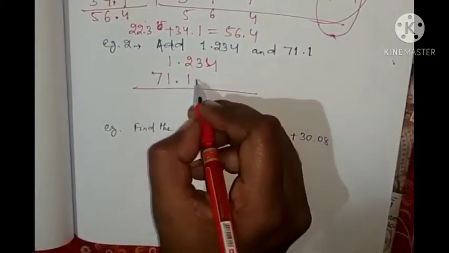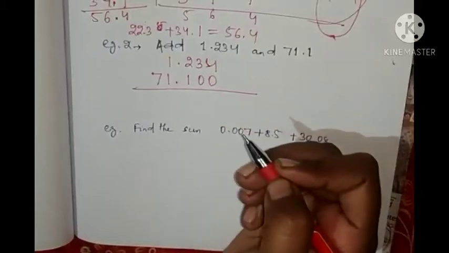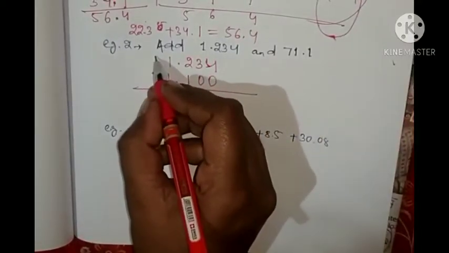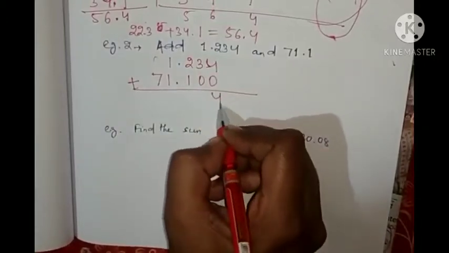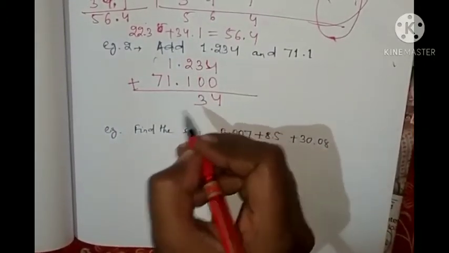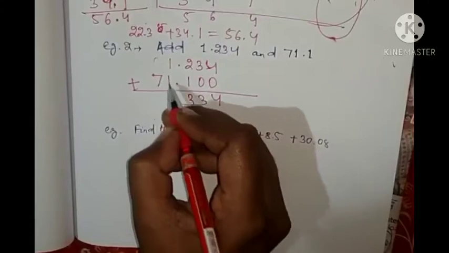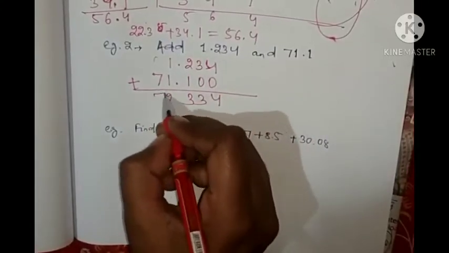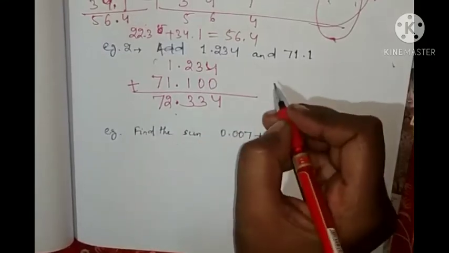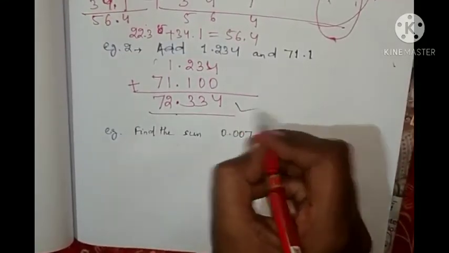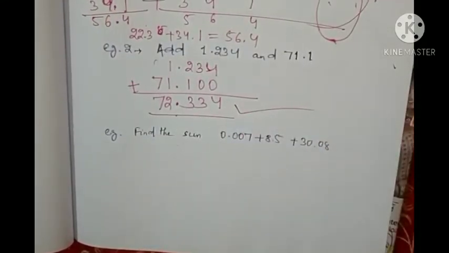After the 1 nothing is there, so you can put 0. 4 plus 0 is 4, 3 plus 0 is 3, 2 plus 1 is 3, 1 plus 1 is 2, then 7. Put the point here below the point. So the answer is 72.334.